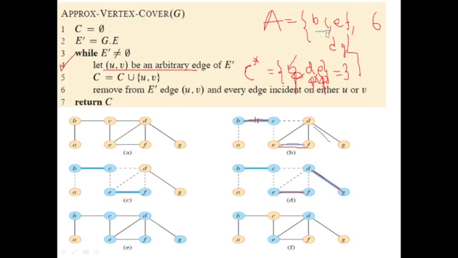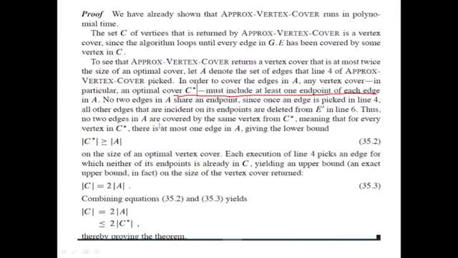For vertex D, there will be at most one edge in A, which is DG. For vertex E, there will be at most one edge in A, which is EF. So this statement is also correct.